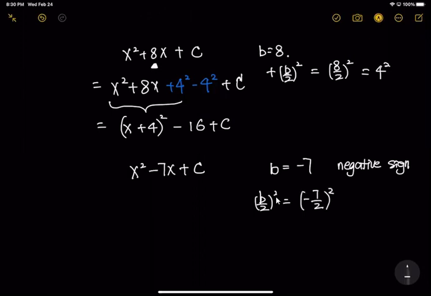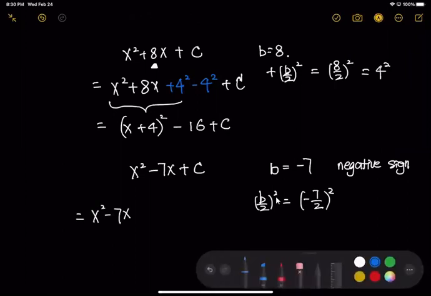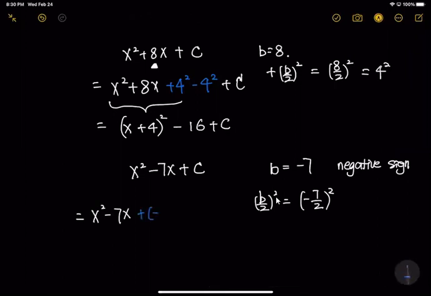You can keep it in this way. That's totally okay. So that means I want to add -7 over 2 squared, and then minus -7 over 2 squared, plus c.